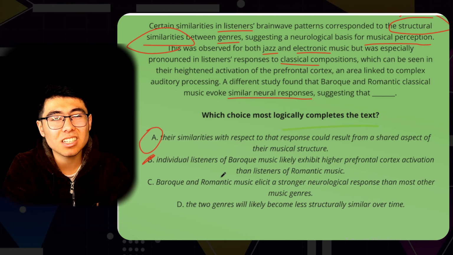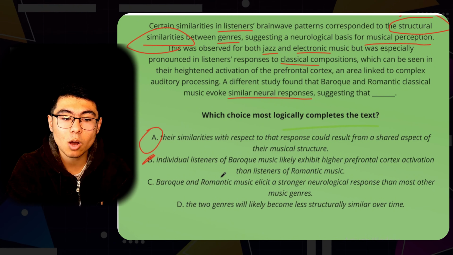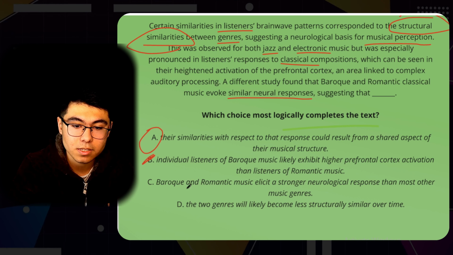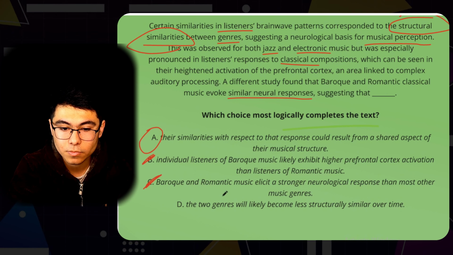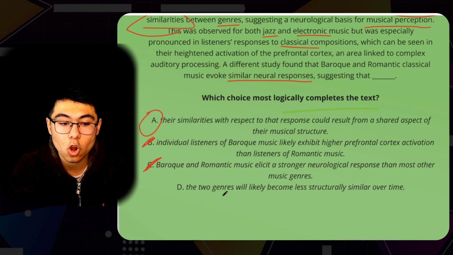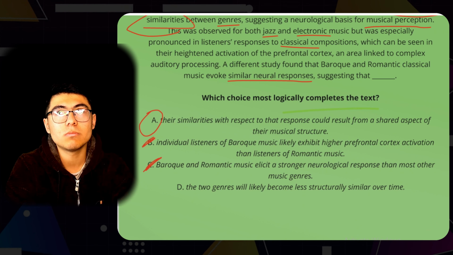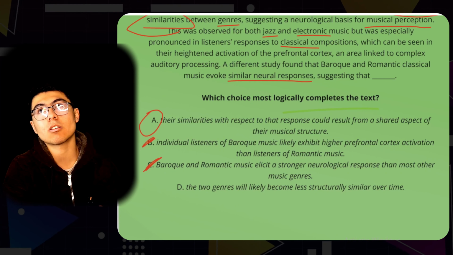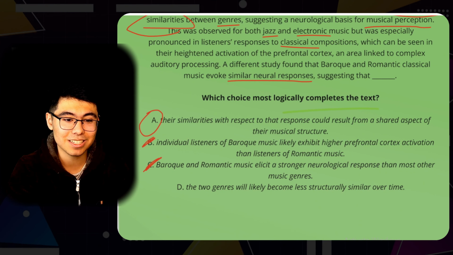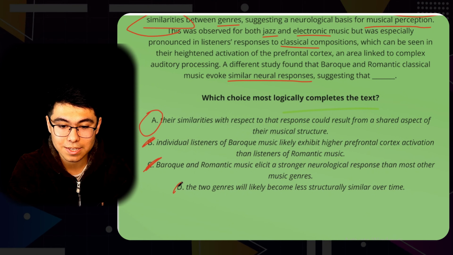Well, the passage doesn't even claim how strong the response is compared to all other genres. That's why C is wrong. Choice D, the two genres will likely become less structurally similar over time. Well, this passage is just about current neurological responses. It doesn't even predict future changes in musical genres, so that's why D is also wrong.